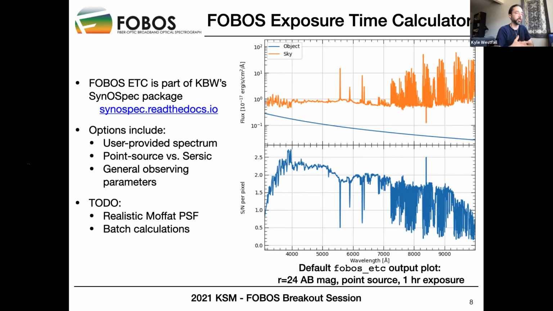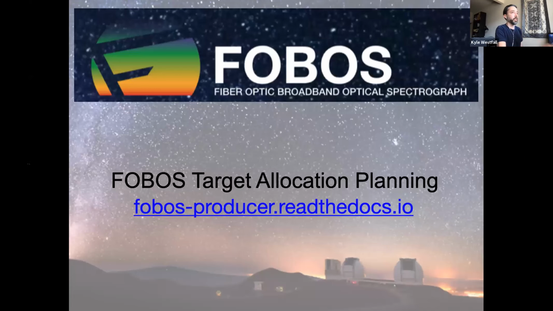As I said, you can change the exposure time, you can change the source distribution, etc. And the plot that it produces will reflect those changes. So hopefully that ETC gives you a sense of what are the reasonable things that you can observe with Phobos in a typical Keck allocation.